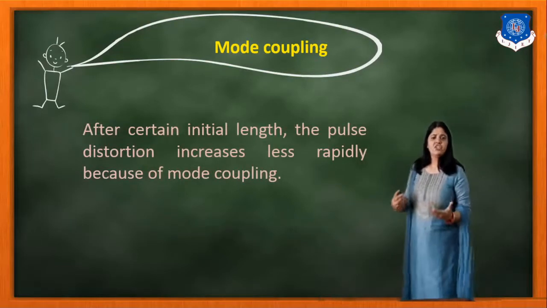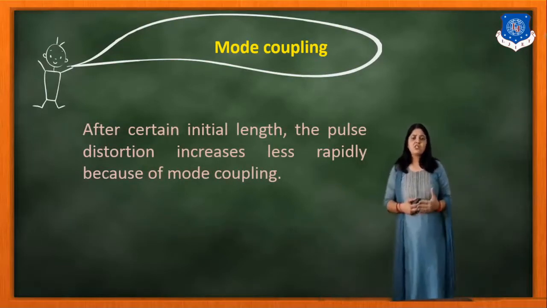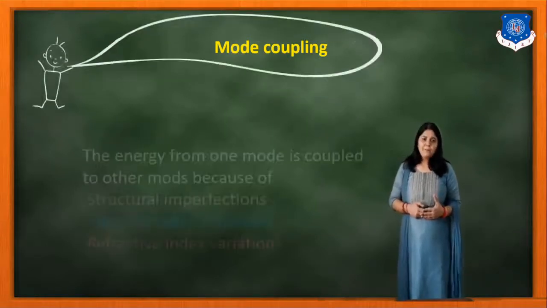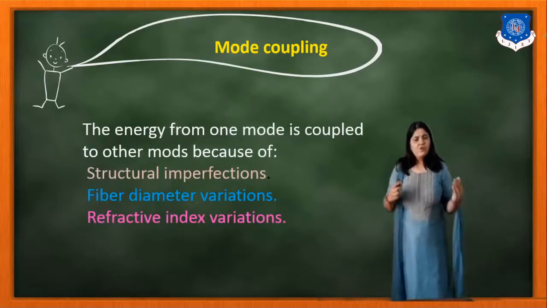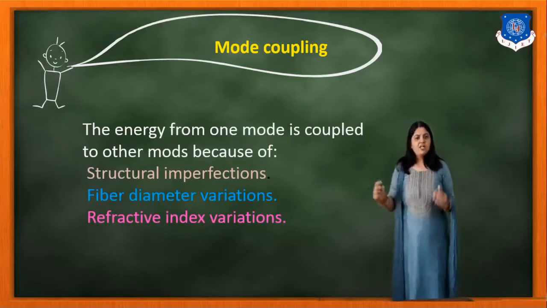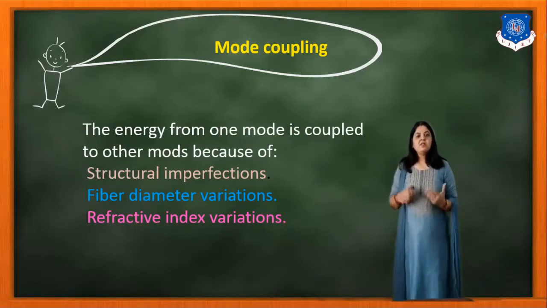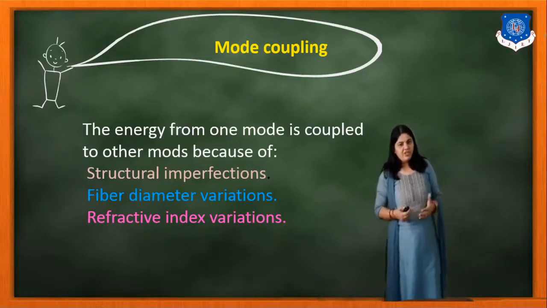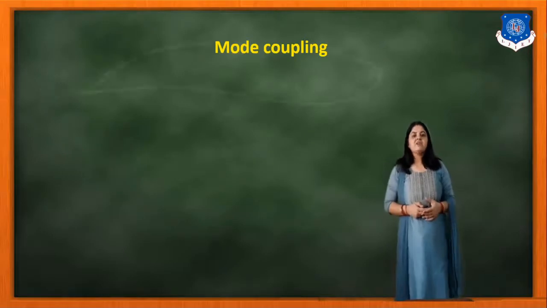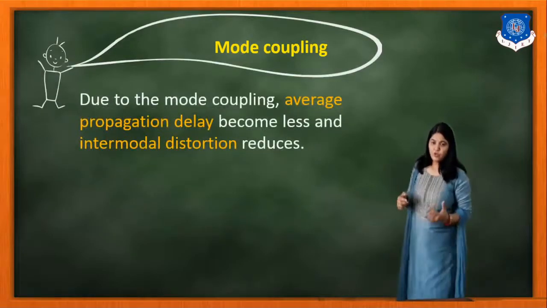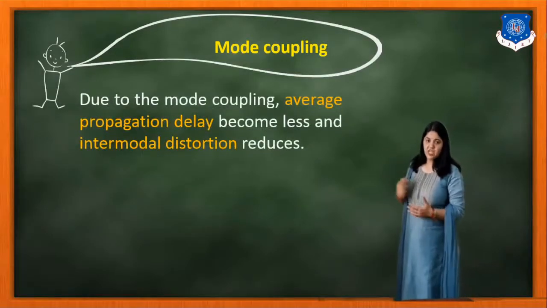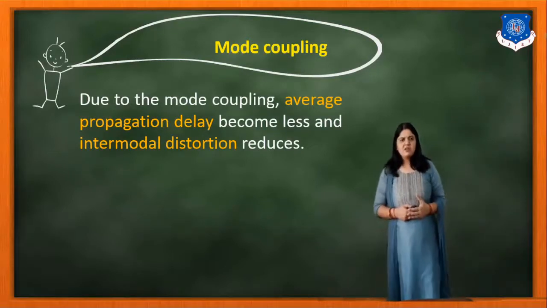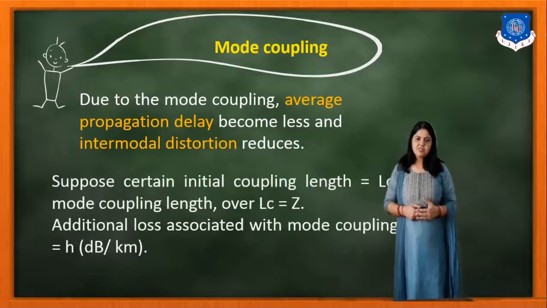Next topic is mode coupling. After a certain initial length, the pulse distortion increases less rapidly because of mode coupling. The energy from one mode is coupled to another mode because of structural imperfections, fiber diameter variations, and refractive index variations. Due to mode coupling, the average propagation delay becomes less and intermodal distortion reduces.